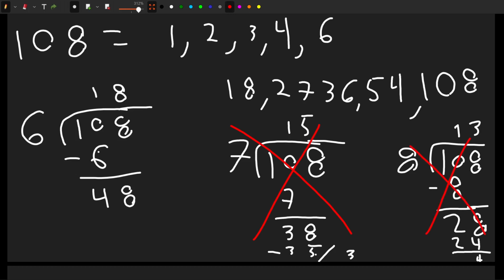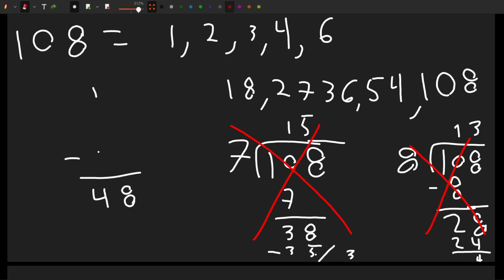Let's try 9 now. So I'm going to erase my division problems, but we're going to go ahead and try 9 next.